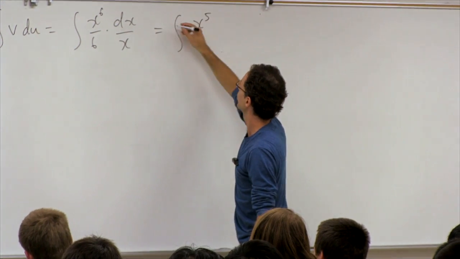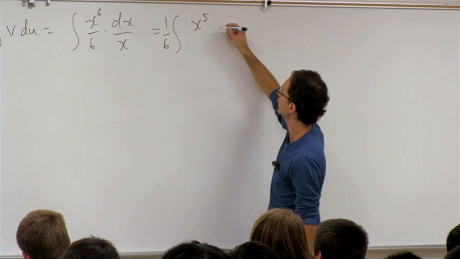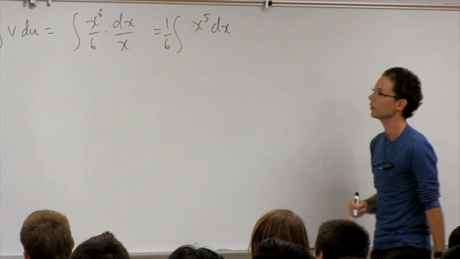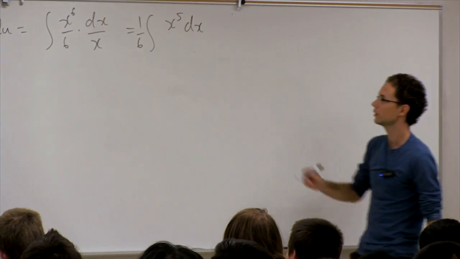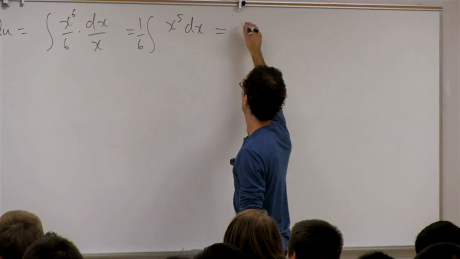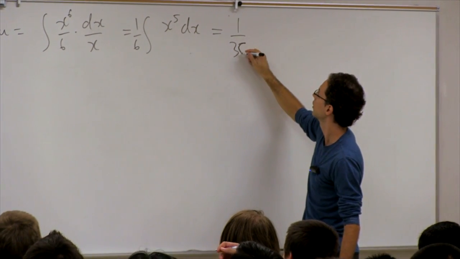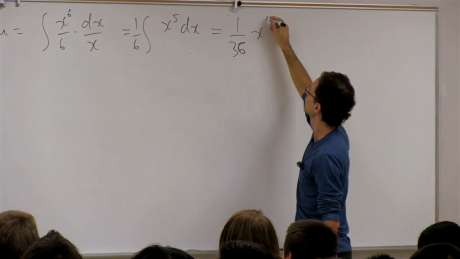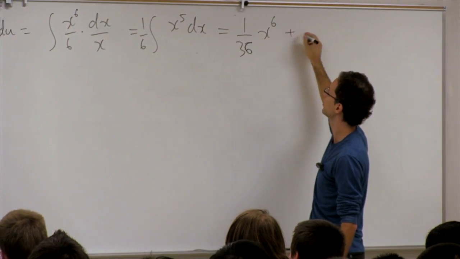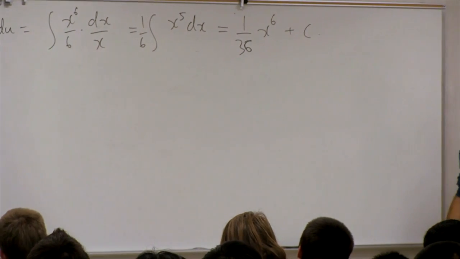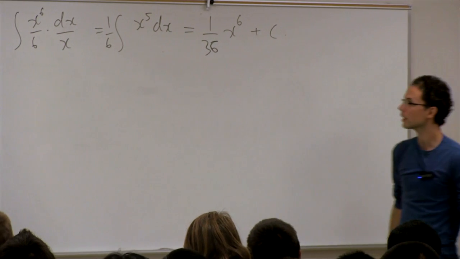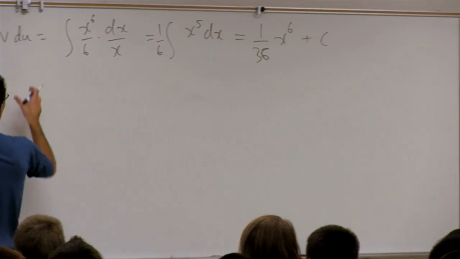We've pulled the 1/6 outside, and you're integrating x to the fifth. And this is now routine. You just get 2 factors of 1/6, and you have x to the 6. Oh, wait. I'll write plus c here. OK, and that's the answer to the third part.